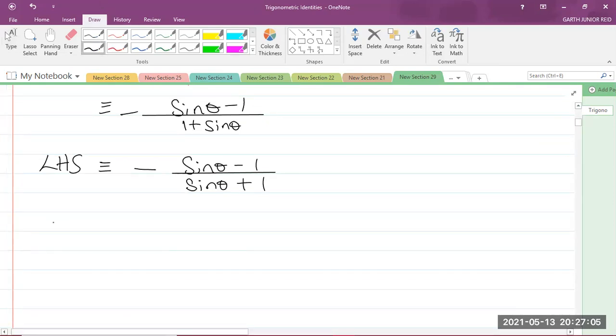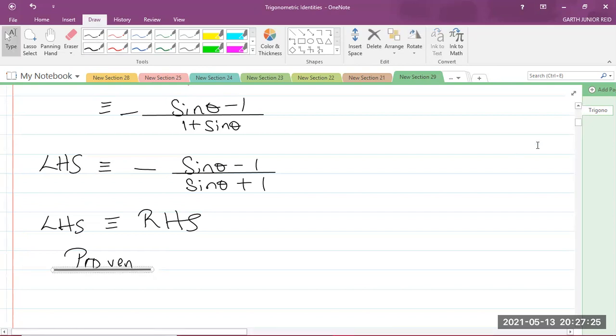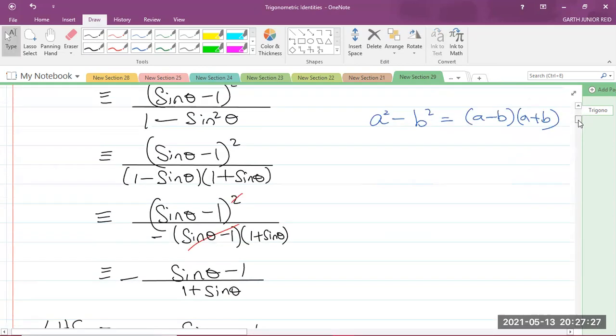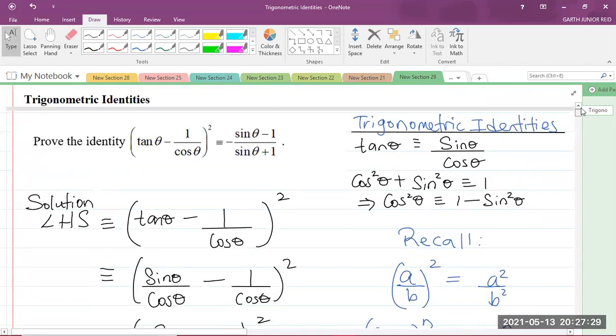That's what they asked us to prove, so we can now write proven. Good. And that is the solution to this trigonometric identity question.